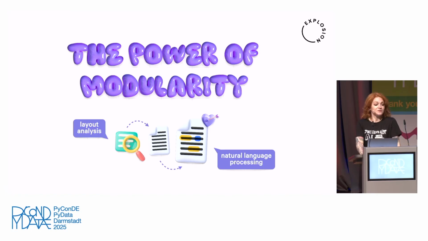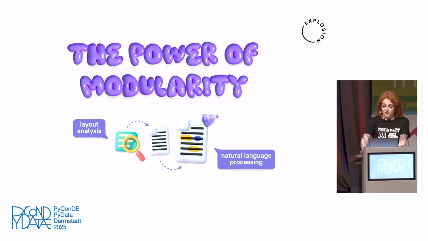We don't need to train a new model that needs to do everything at once. We can really rely on what we can already do and focus on making the layout analysis more powerful and creating a source of truth that we can actually rely on.